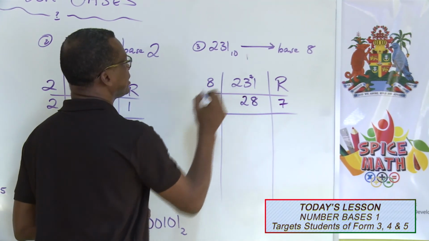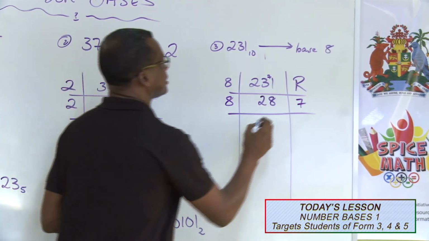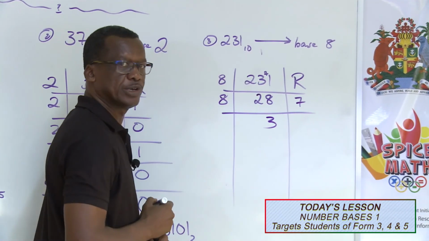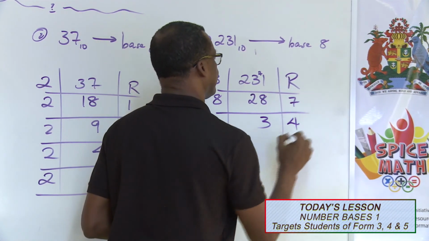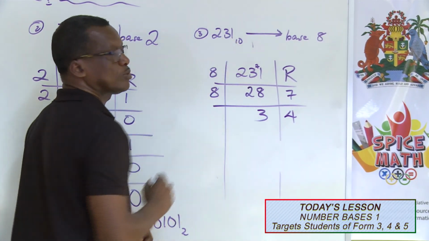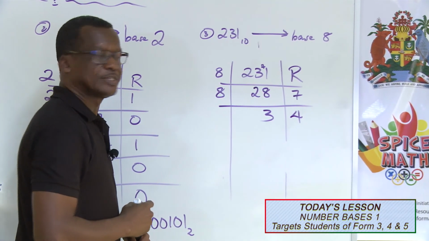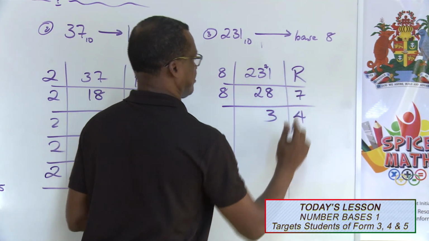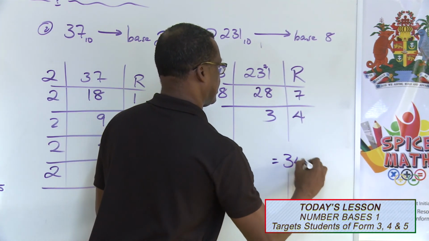Then we divide by 8 again. 8 into 28 are 3, 8 3s are 24, and the remainder would be 4. So now we have 231 in base 10 is equal to 347 base 8.